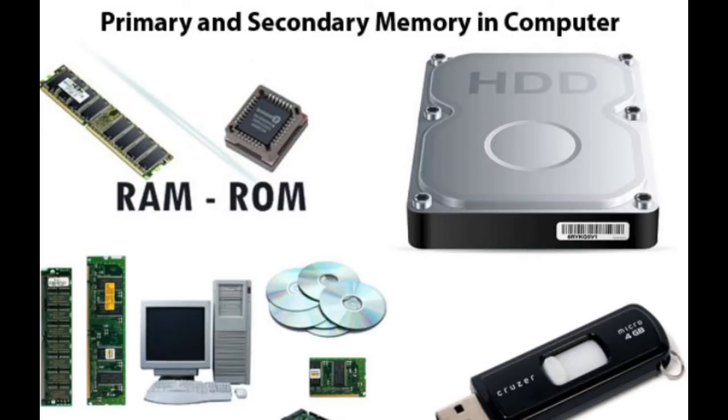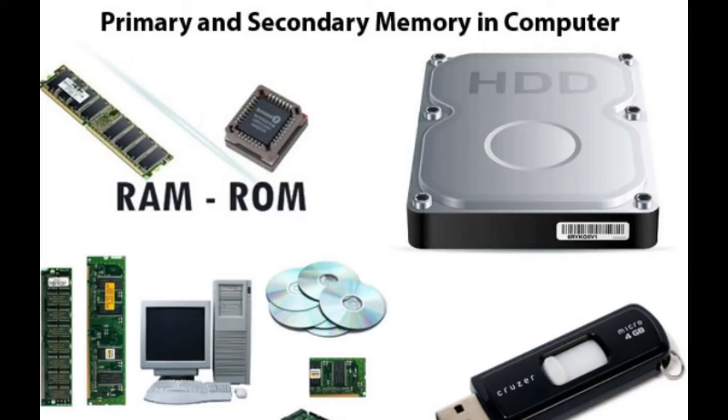But if you don't save and you close your computer, everything will be removed from the RAM. RAM is the temporary memory and it works until your computer is on. Once you close your computer without saving anything, the RAM is blank. The next time you open the computer, there is nothing in RAM.